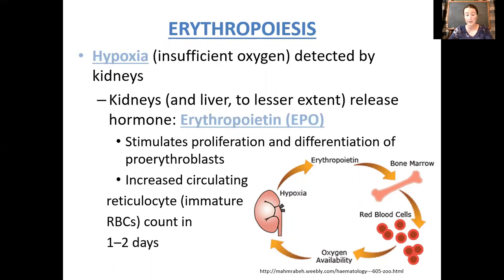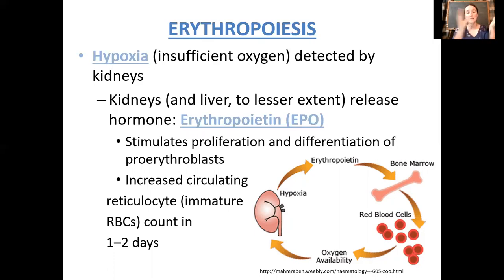When you first start exercising, you don't have quite enough oxygen in your blood. When you move to high altitude, there's less oxygen in the air, so you don't have as much oxygen in your blood. Or this can be because you are losing blood, and therefore you have less oxygen than you should because it is leaving your body.